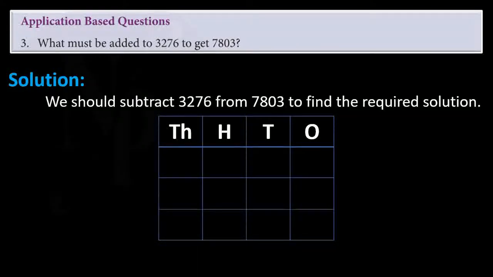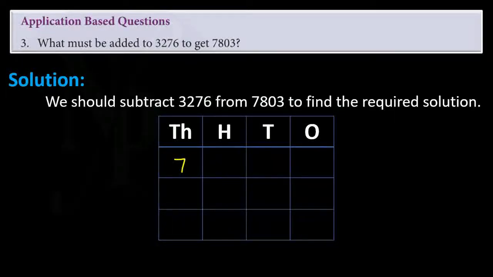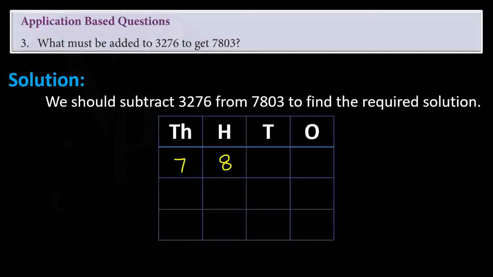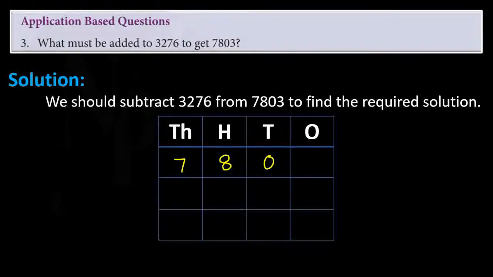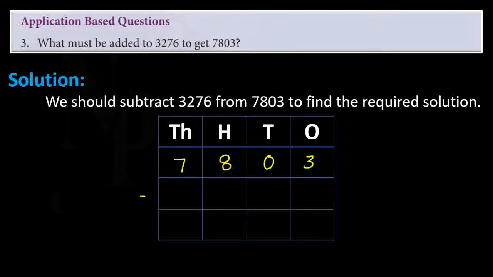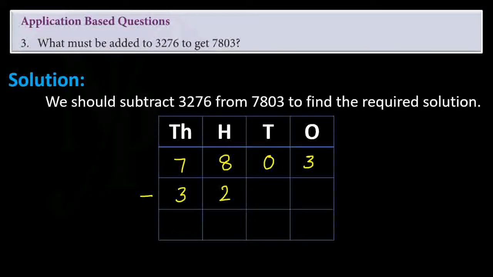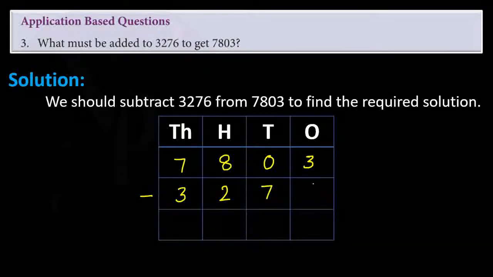So first let me write the larger number, that is 7803, and in the second row I will write the 3276. Now let us subtract.